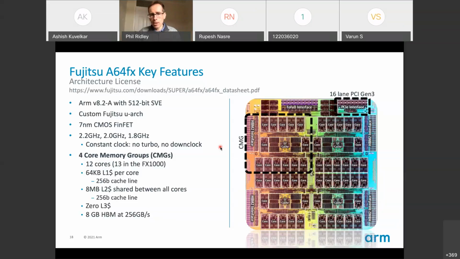Whereas the FX1000 has 52 cores per socket, but 4 of those cores are what's known as helper cores. So they do scheduling and OS level tasks, whereas you've still got 48 cores to run your application. But the FX1000 is available in the higher clock speed as well. So the Riken machine Fugaku is based on FX1000.